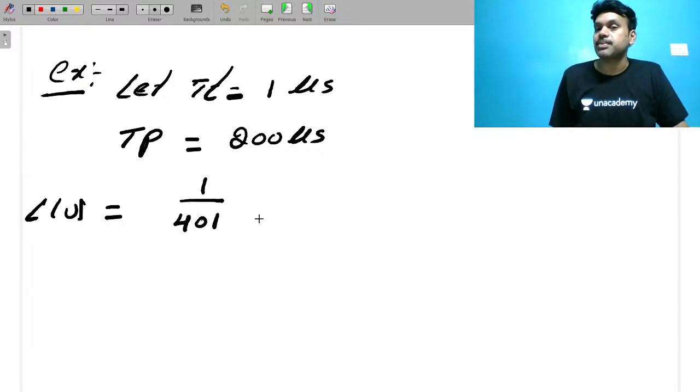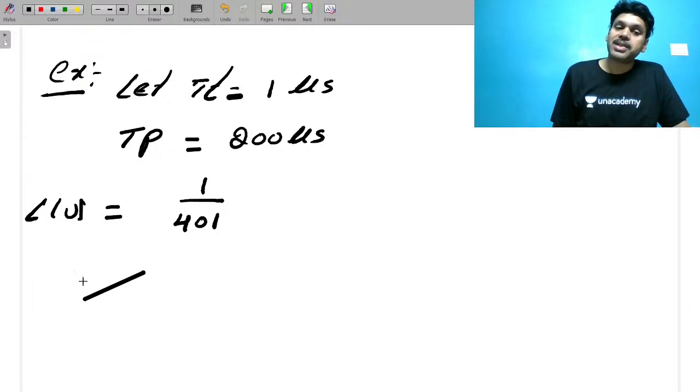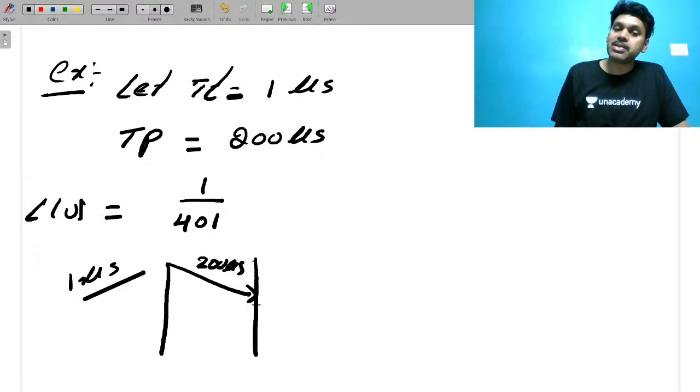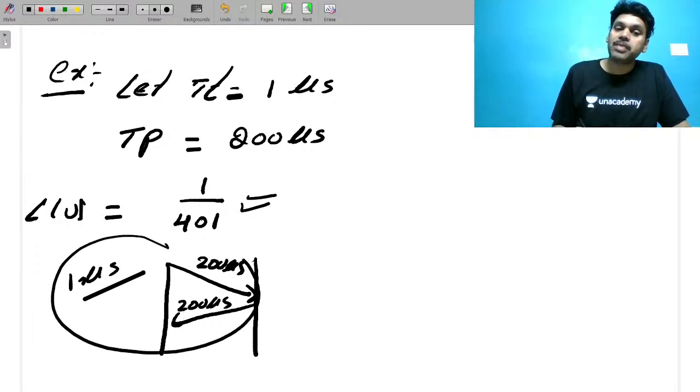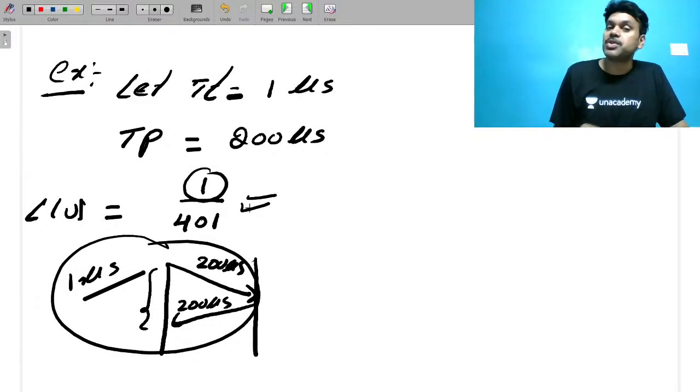This is your answer. Because the sender sent the data using 1 microsecond, and the data has to propagate from one end of the media to the other end, which is 200 microseconds. Acknowledgement must come from the other side to this side, which is 200. Therefore, all together the total time is 401, but you are waiting for the acknowledgement 400 microseconds. So your useful time is only 1.